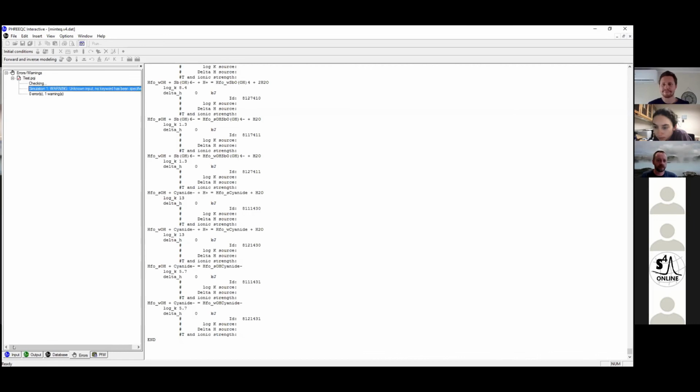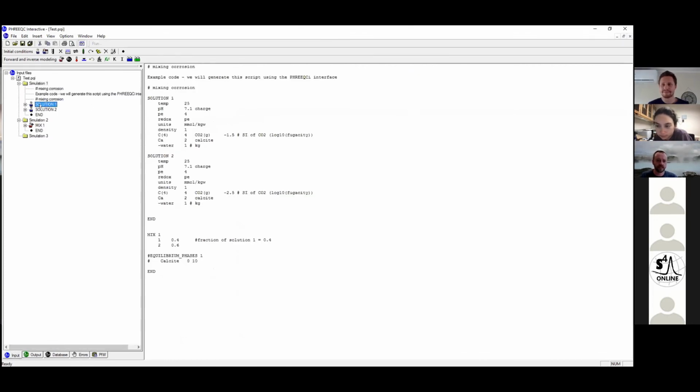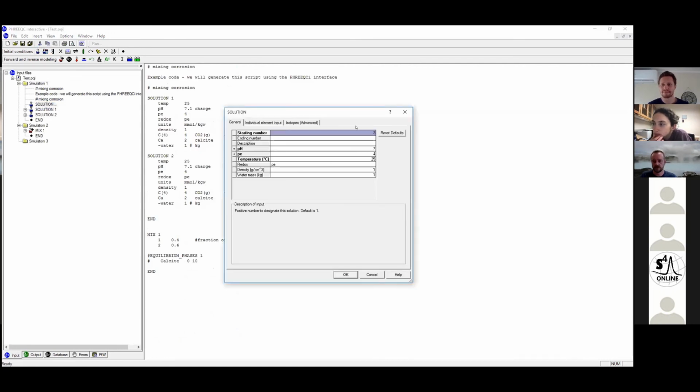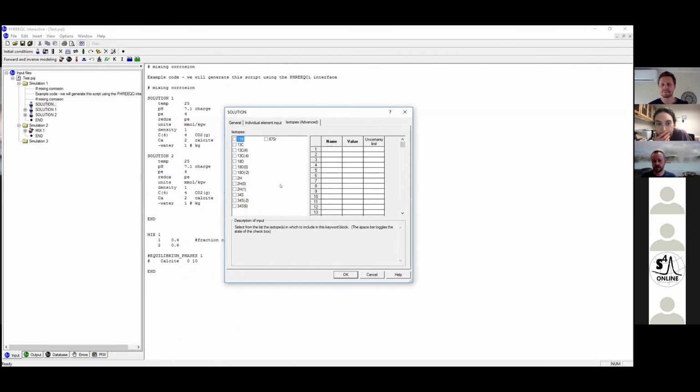So in the input, there is the potential here to incorporate isotopes. Under solutions, you'll see that there's a tab here, isotopes advanced. And in principle, we could start to incorporate the different isotope systems that are most certainly common isotope systems.